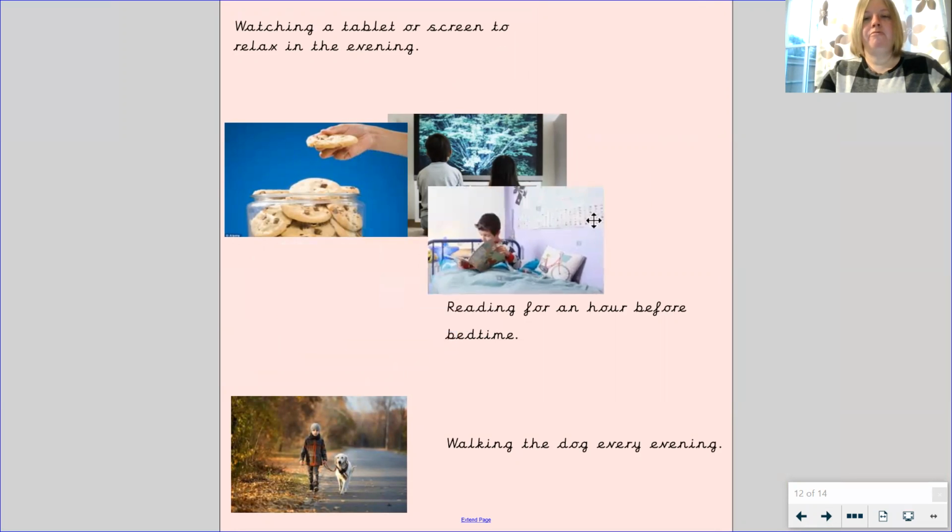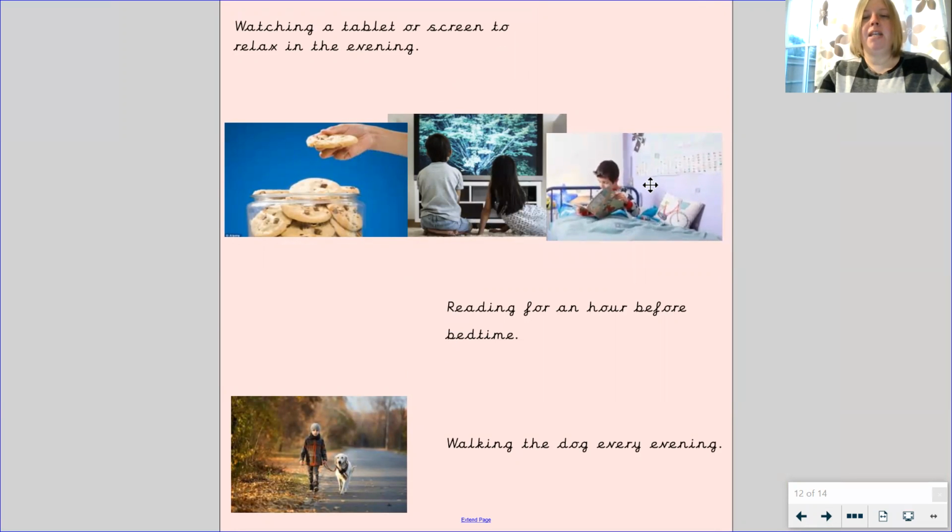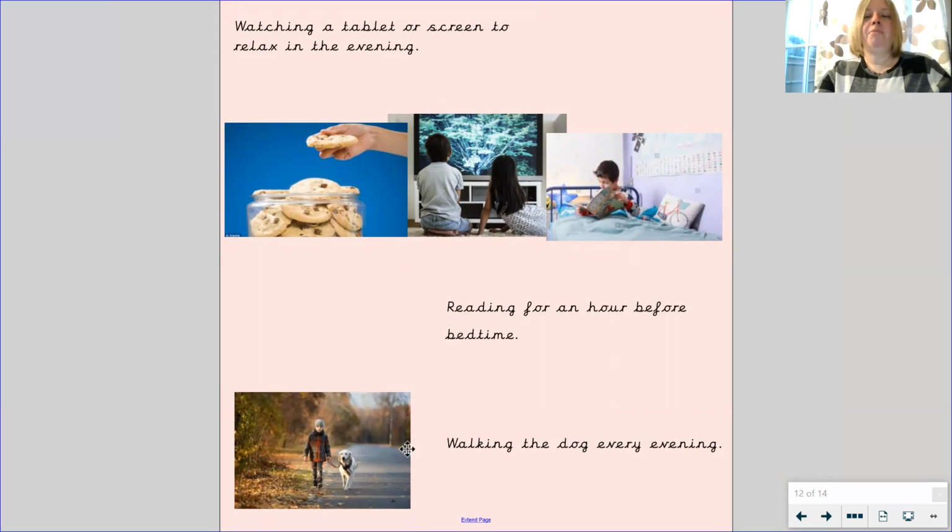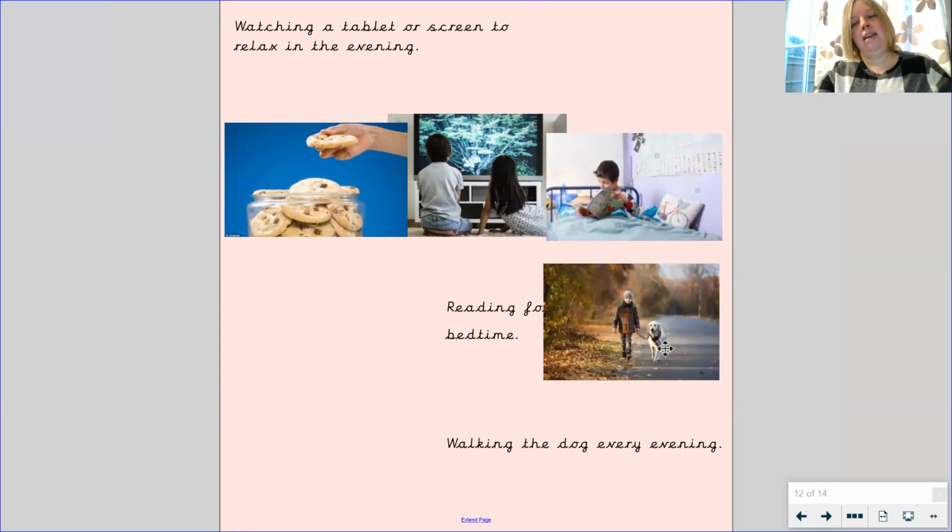Then I'm going to put reading because it will help me to get to sleep in the evening. Then for the most healthy, I'm going to put it under here. I'm going to put walking the dog because that will help me to get out to get my exercise that I need each week. So that's what you need to do for activity 2 with the 8 statements and explain why.